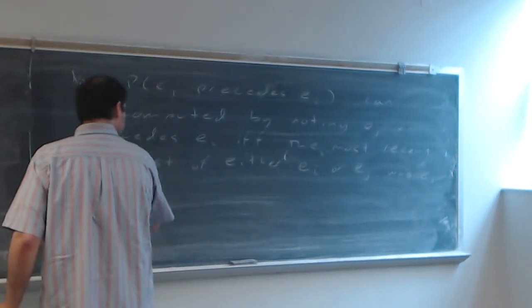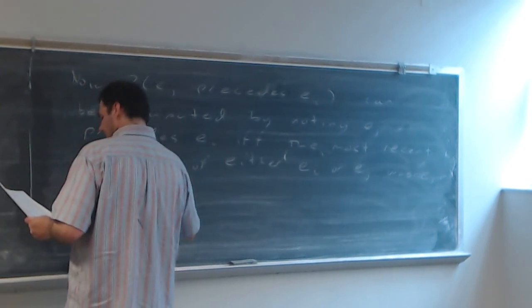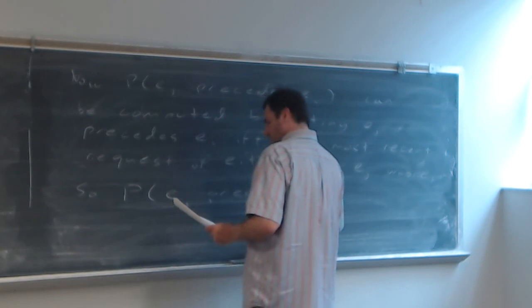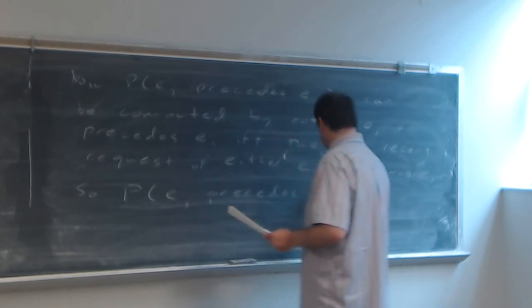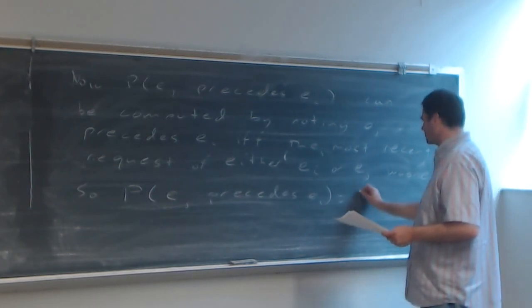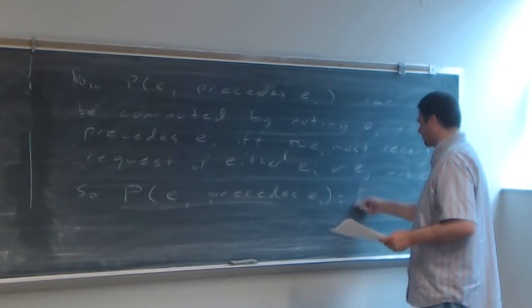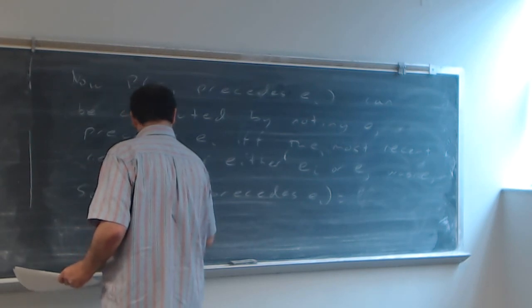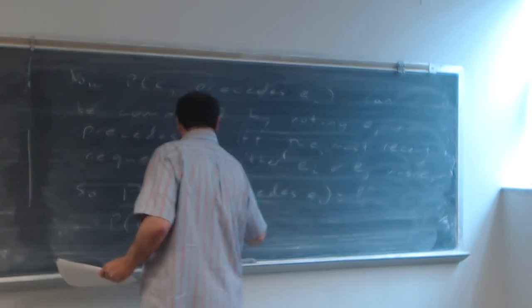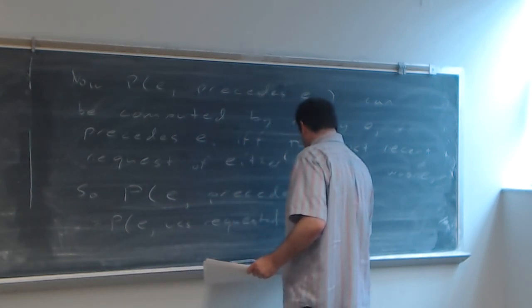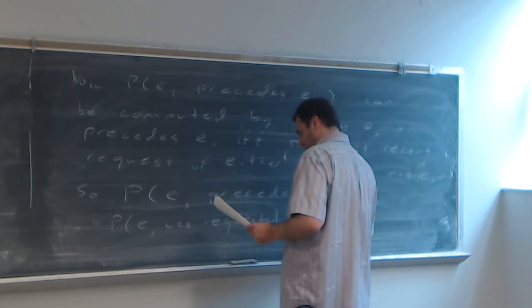So the probability that E sub j precedes E sub I, that's the conditional probability, that E sub j was requested given that E sub j or E sub I was requested.